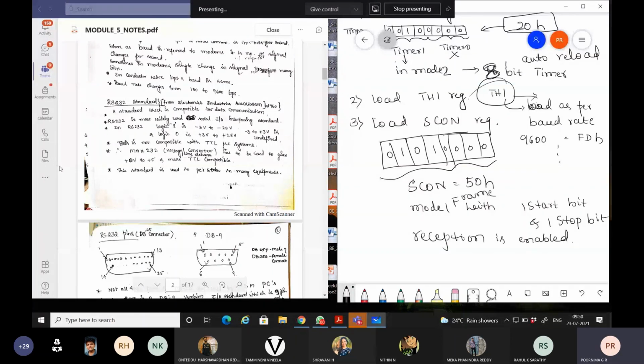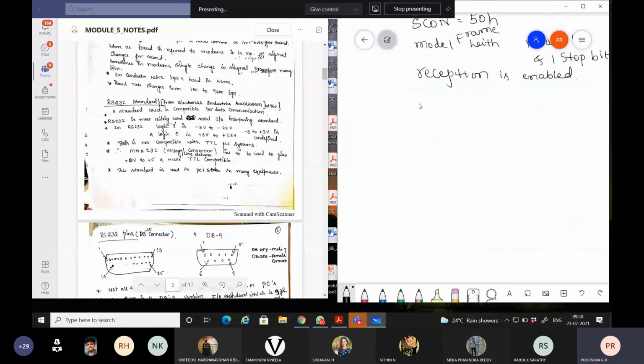Fine students. Now this is about your receiving and transmission loadings. The next step is to set timer 1. You know how to set that. After setting the timer, TI has to be cleared using the CLR TI instruction.